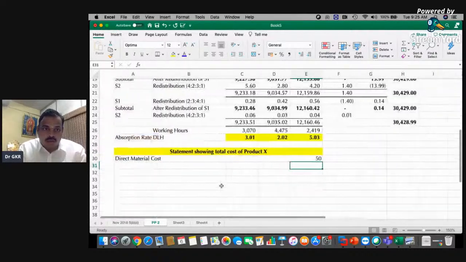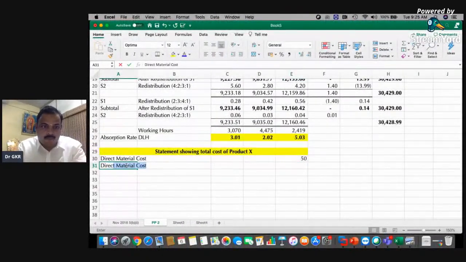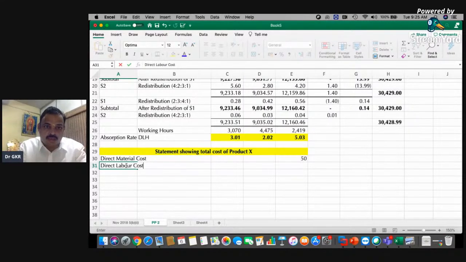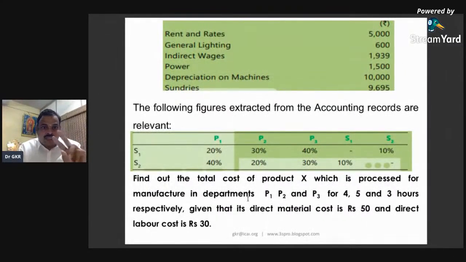Then you have the direct labor cost, 30. Good. Then you need to find the overheads.